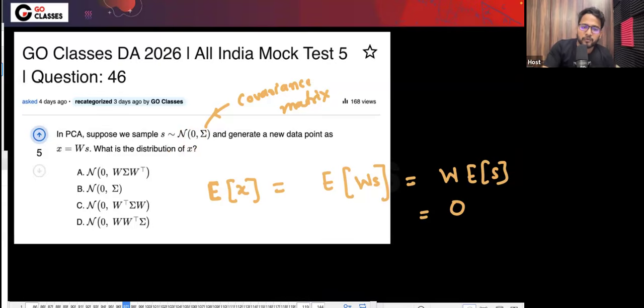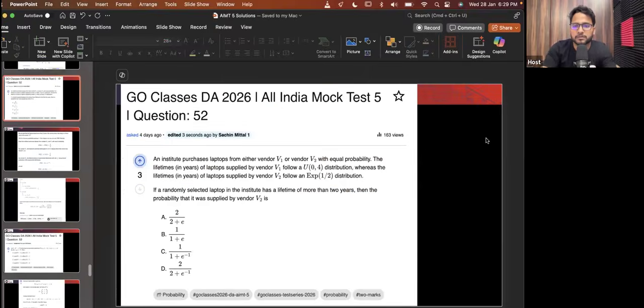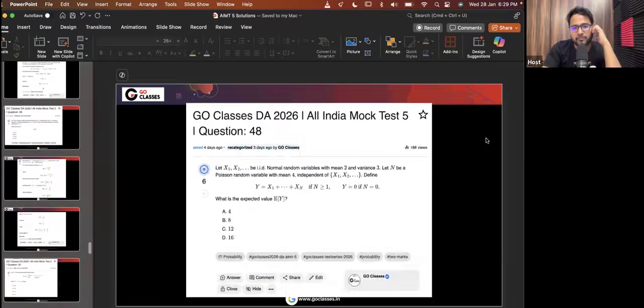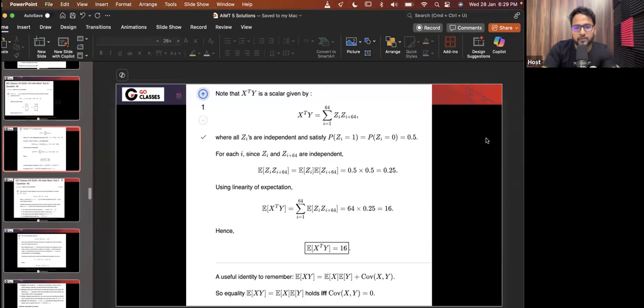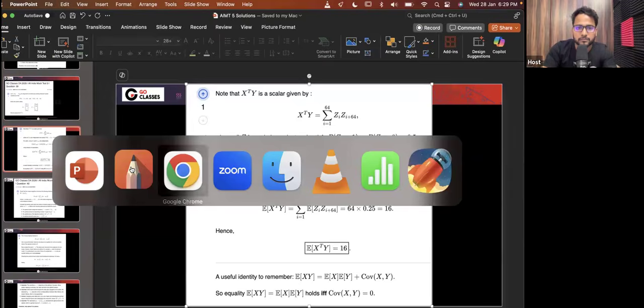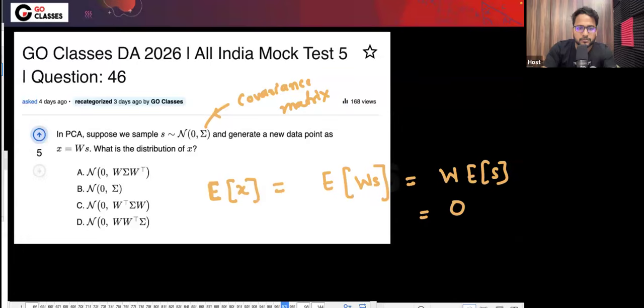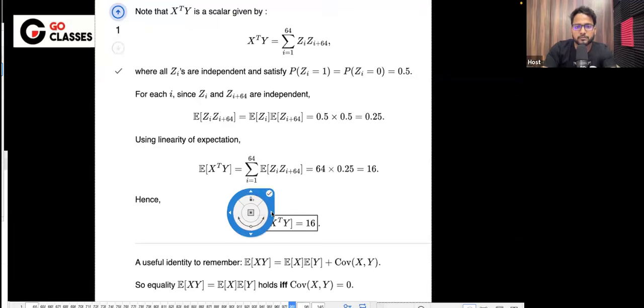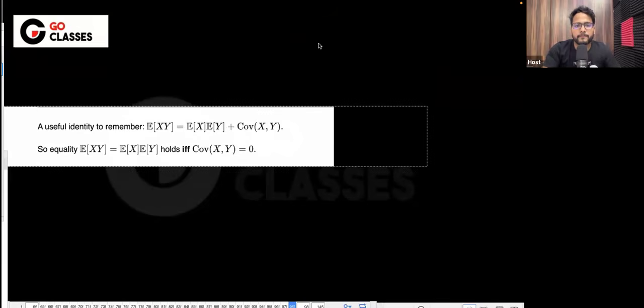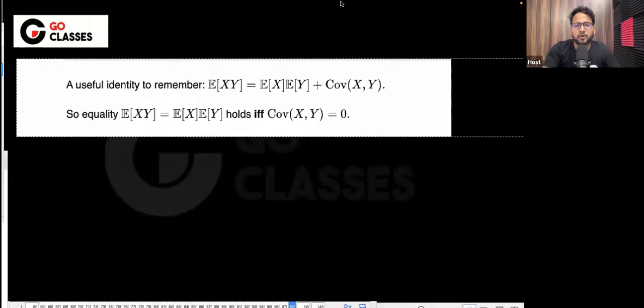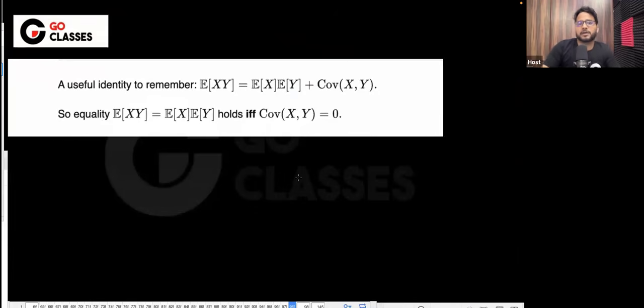Now we can also find out the covariance, right? But before finding out the covariance, let me just remind you of one formula that we have seen. There is a formula relating expectation of xy and covariance.